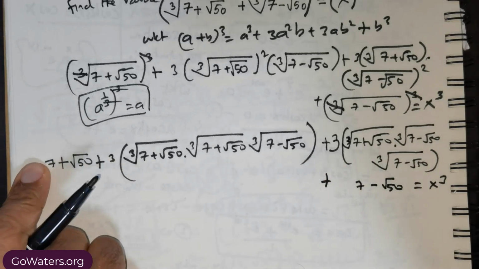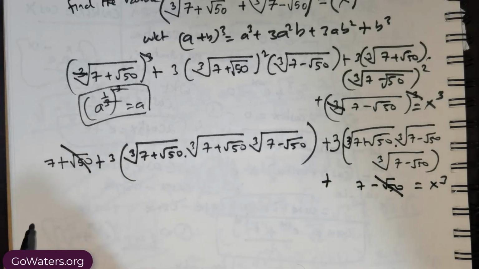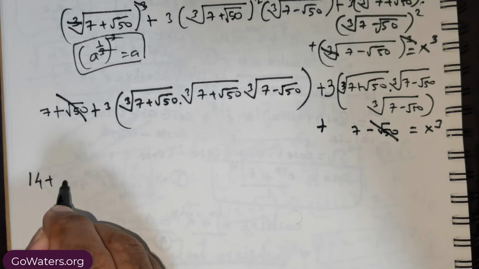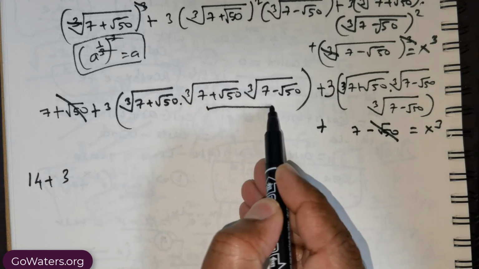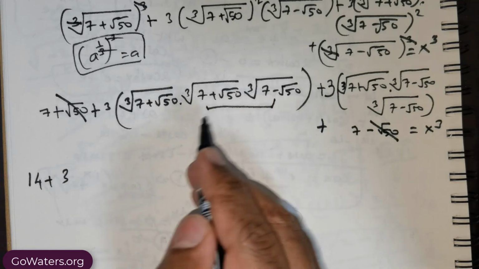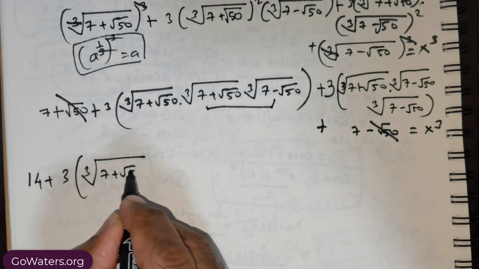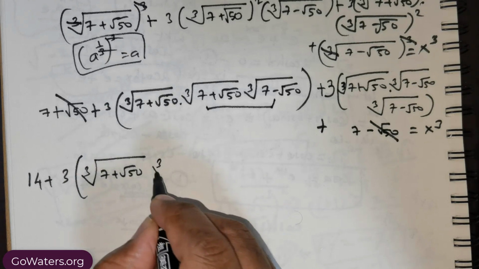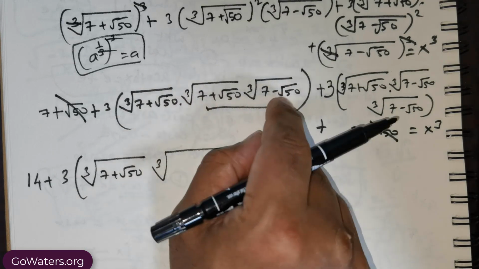Now 7 can be added with 7, that will give me 14. Positive root 50 and negative root 50 will get cancelled. Over here, this is going to be 14 + 3 times. Now I can very well club these two together. So this is third root of (7 + root 50) multiplied with, these two things can be clubbed together because you have third root for both.